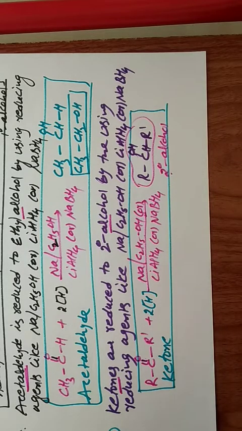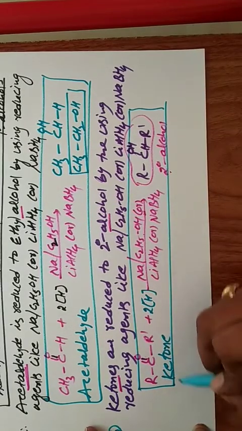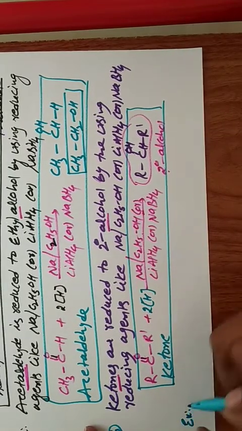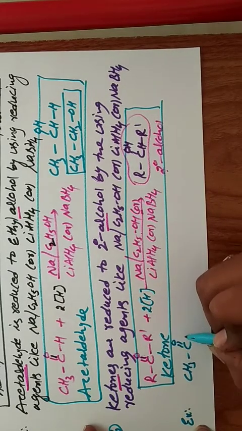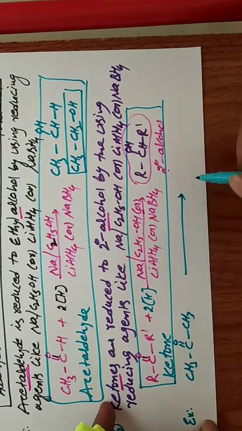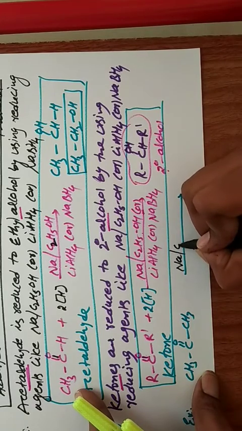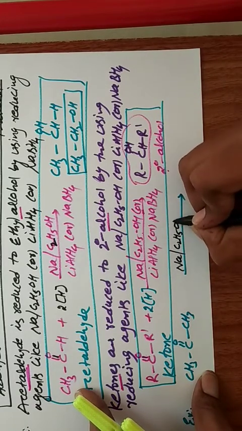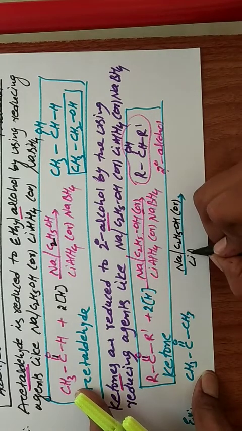Acetone. Acetone formula: CH3–C=O–CH3. We use the same sodium and ethyl alcohol, LiAlH4, or NaBH4.